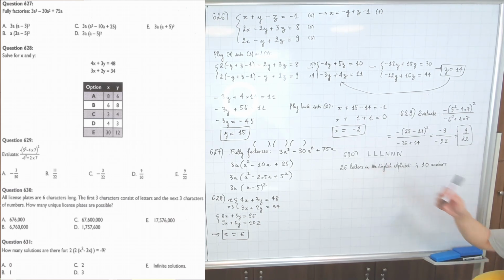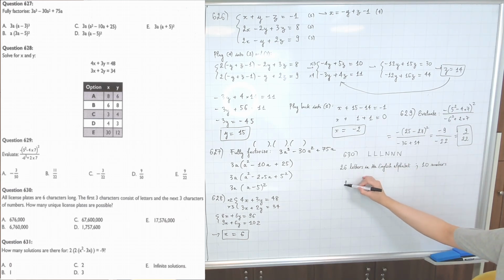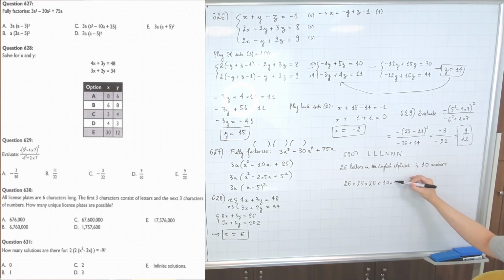And each of these can be 26 letters, and they do not affect each other, it's independent. Mỗi một cái ký tự này hoặc là số này nó không ảnh hưởng đến nhau, nó độc lập với nhau, cho nên sẽ dễ hơn, will be easier. So this one will be 26 times 26 times 26, and then times 10 times 10 times 10, isn't it?